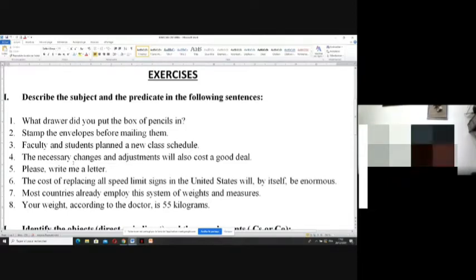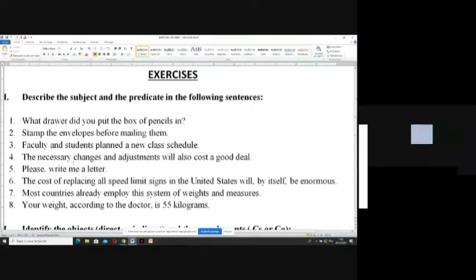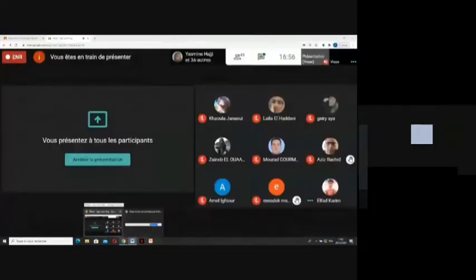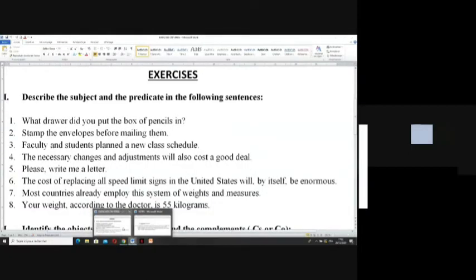Number 8. Can I do it? Yes. Your weight, according to the doctor, is 55 kilograms. Your weight, according to the doctor, is the subject, and is 55 kilograms is the predicate.